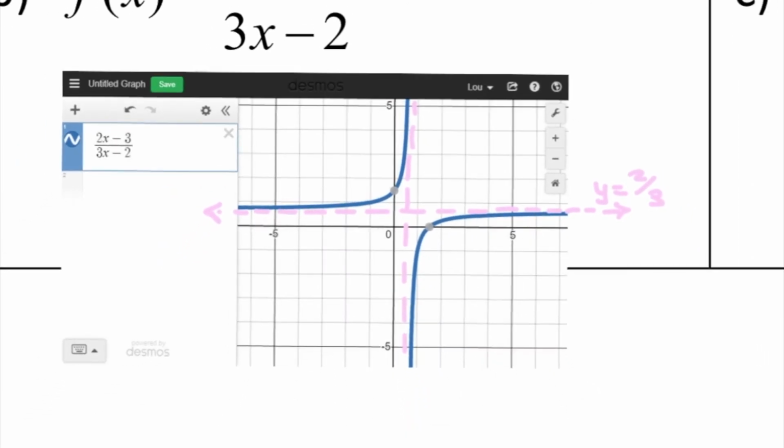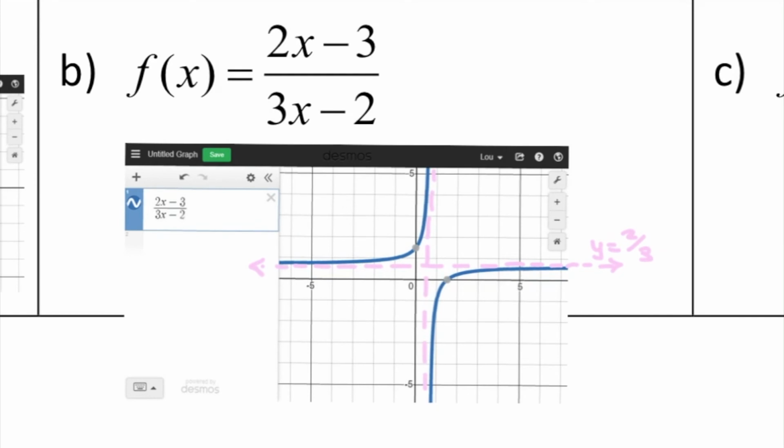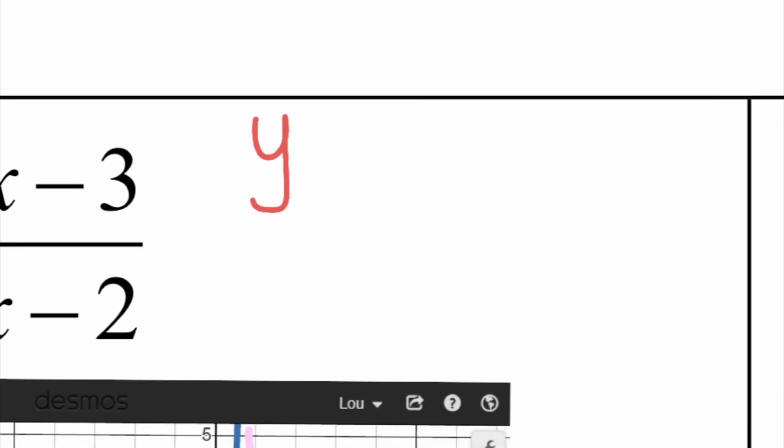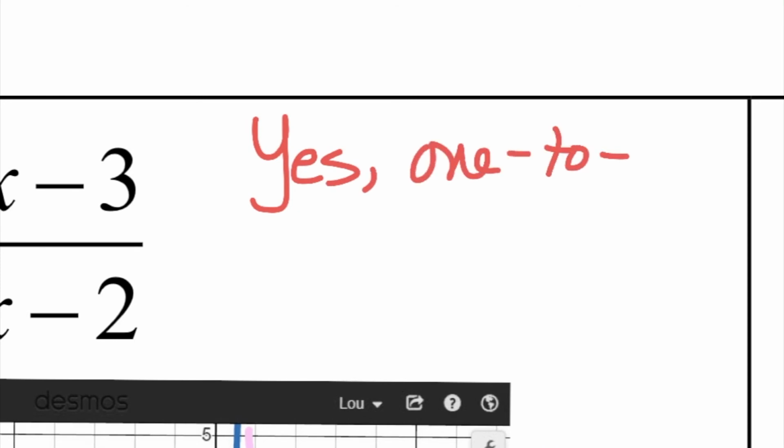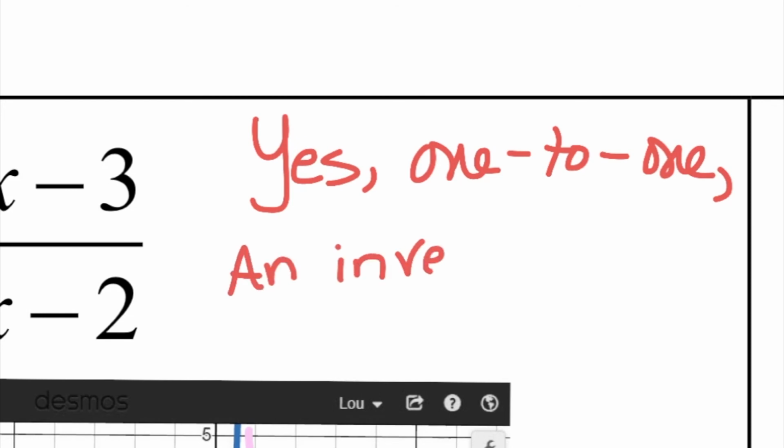And so what you'll see is that, yes, there is an inverse function because there's nowhere that this graph fails the horizontal line test. So I'm going to say, yes, let me zoom in up here. Yes, it's 1-to-1. An inverse function does exist.